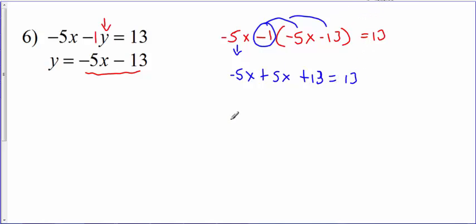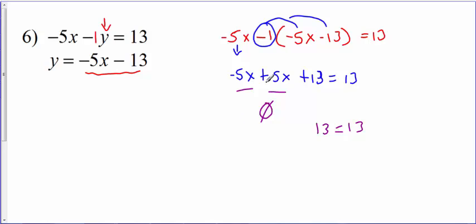Let's go ahead and combine like terms. Negative 5x and 5x is 0. So we're left with 13 equals 13. Our variables dropped, and when our variables drop, we're left with either one of two solutions, either parallel lines or the same line, or coinciding lines.